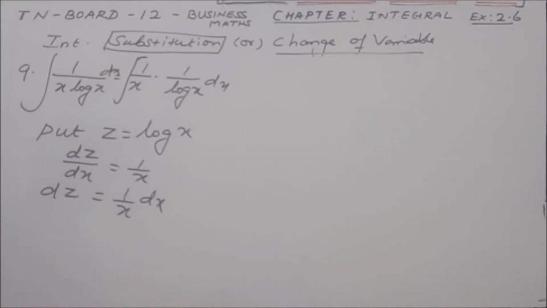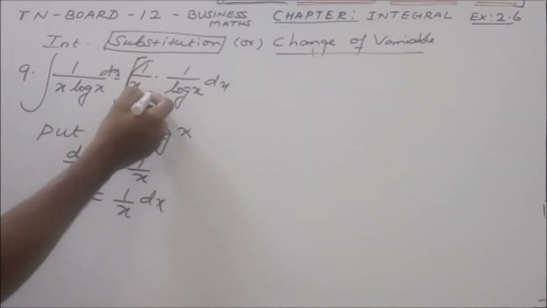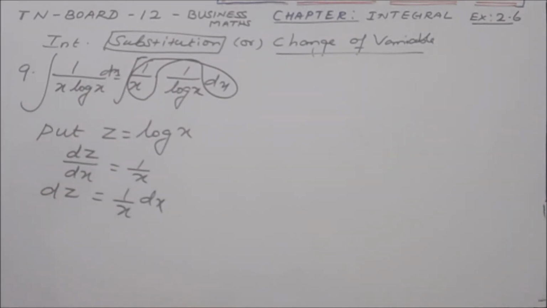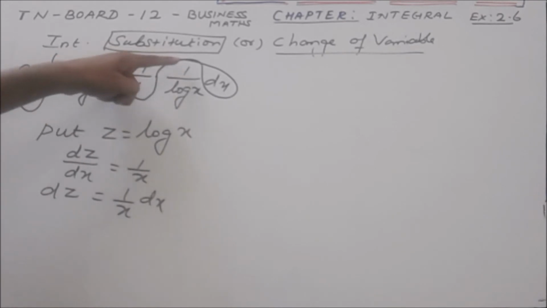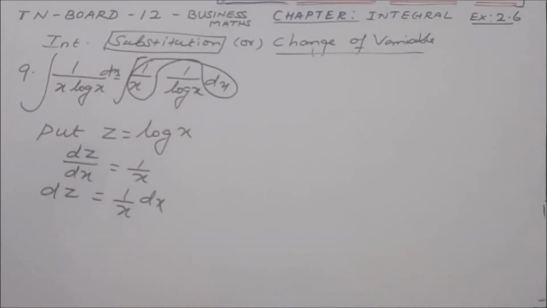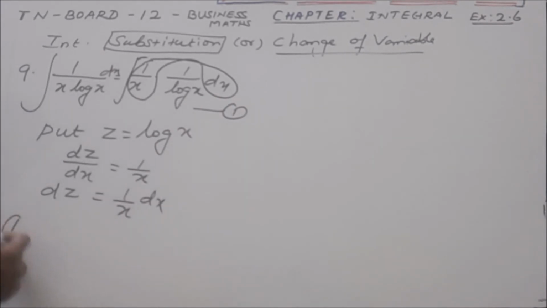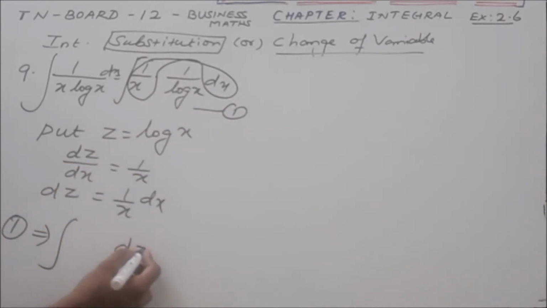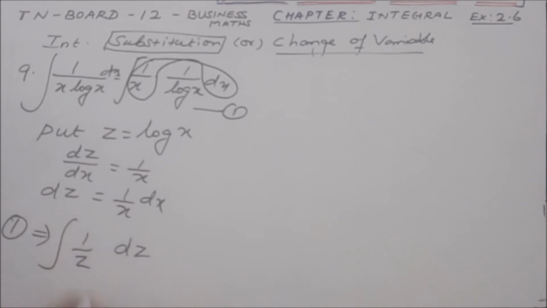Look here, this 1 by x and dx are taken as dz. The remaining 1 by log x is 1 by z. So the integral of 1 by x dx is dz, and the remaining is 1 by z.